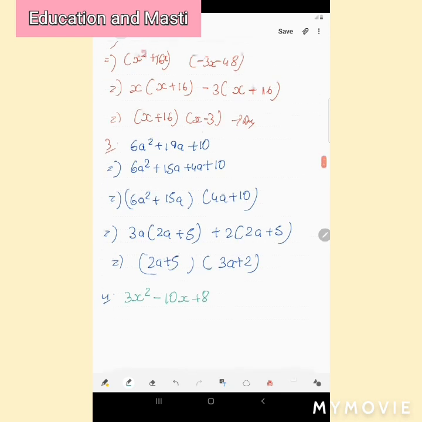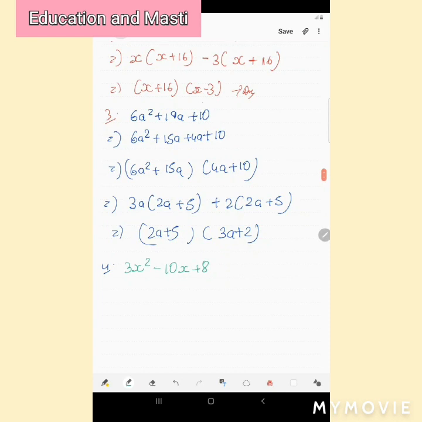Here also we will apply the trick that I have told you. 8 times 3 is 24. What are its factors? 2, 3, 4, 6, 8, 12, and 24 itself. So now let's find out what you will multiply with 6 or with 4 to get 24. 6 fours are 24, and when we do 6 plus 4 we get 10.